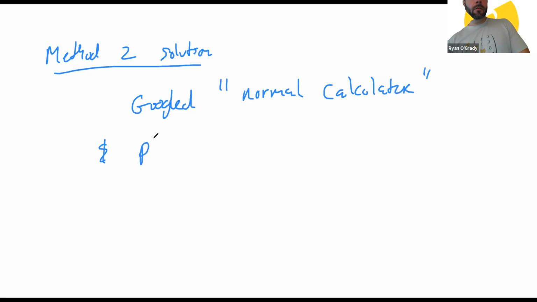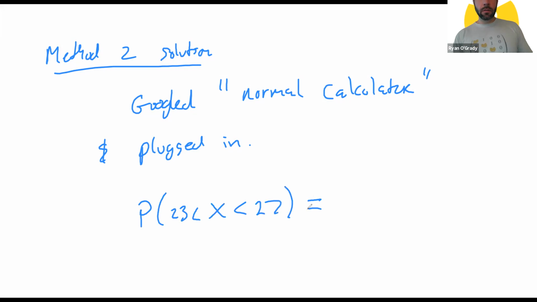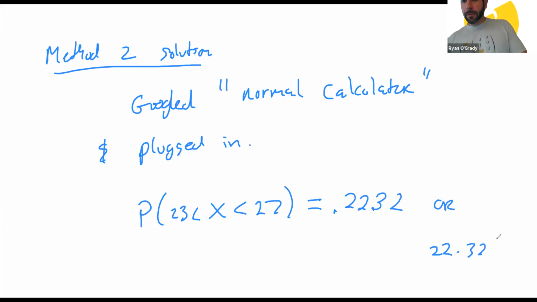And plugged in, and we got the probability that X was between 23 and 27 was 0.2232. So again, our answer differs slightly because of how we round it.